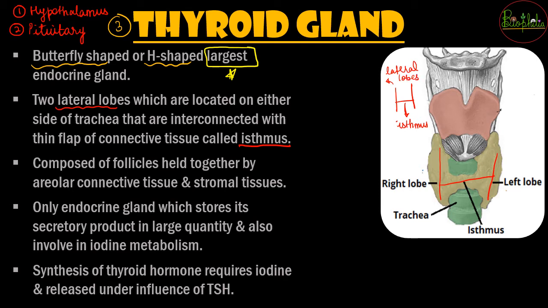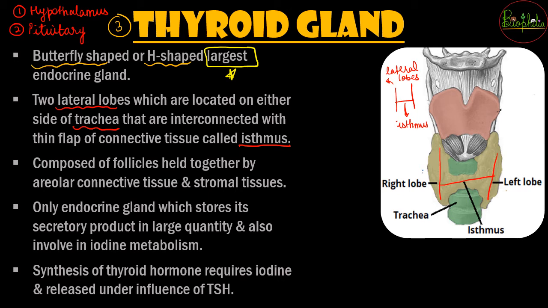So in that way you can remember the thin connective tissue flap and the lateral lobes. So lateral lobes जो होंगे वो, they are going to be on the sides of the trachea. So trachea will be going through the center, and from the center on both sides the two lateral lobes of the thyroid gland will be present.